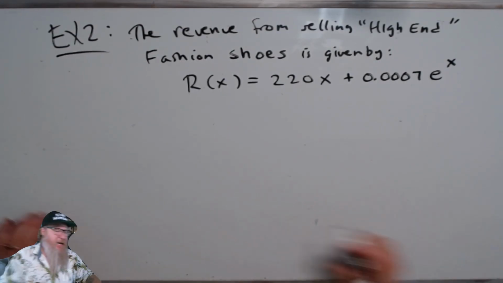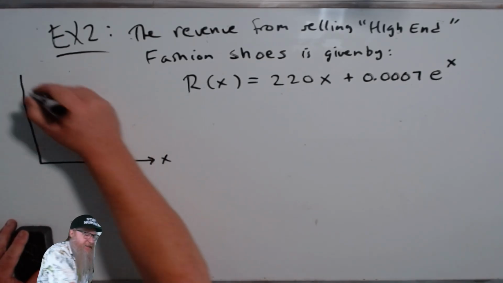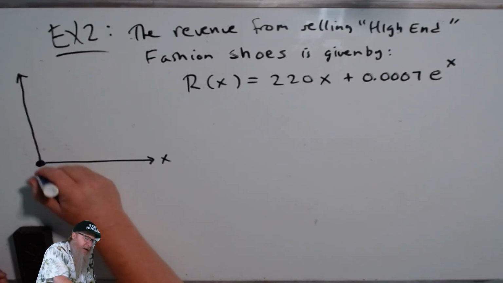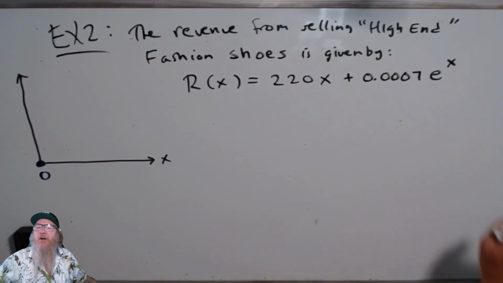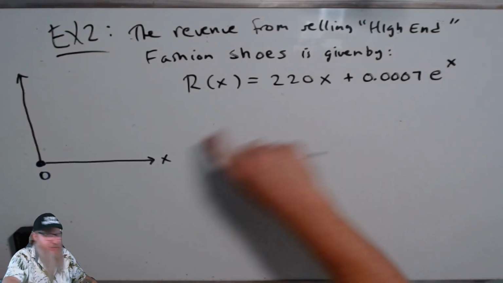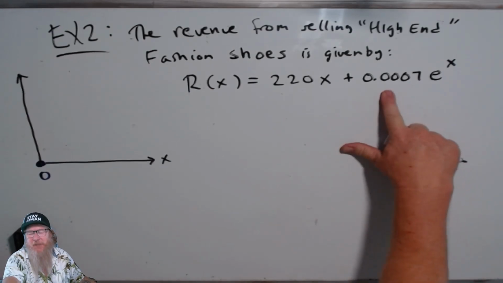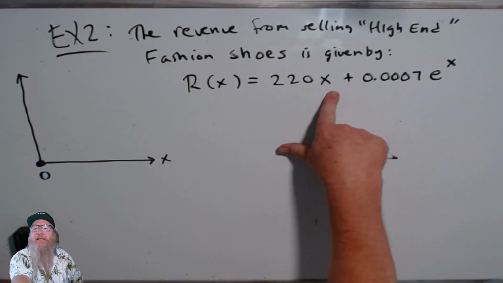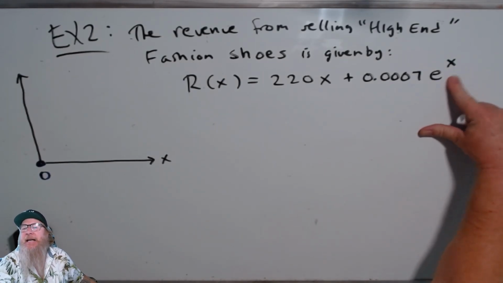All right. If you really like to see what's going on here, this is a very, very steep curve. If you sell no shoes, you make no revenue. So it starts at the origin. Although it's just a tiny bit above the origin, right? Because you do have this 0.0007. So if you plug in 0 for x, you'll get 220 times 0, plus e to the 0 is 1.